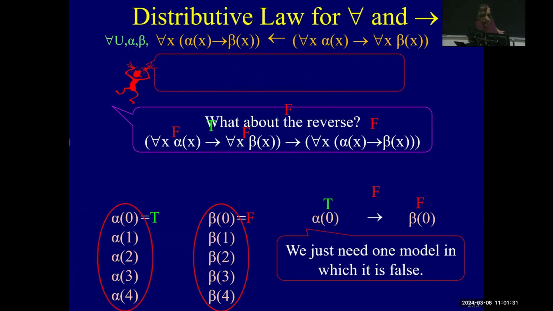How do we make this false? We make that guy false. Everybody see that? So here's the situation where this is true, 0 wants to play, but 0 can't play. Why can 0 not play? Because 1 doesn't want to play. Does that make sense?